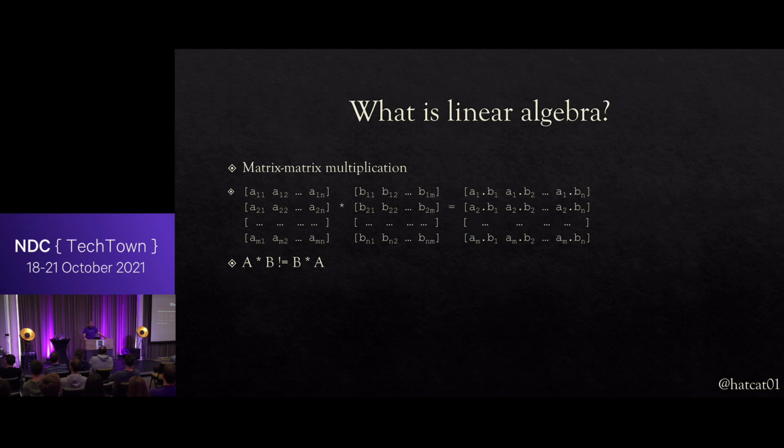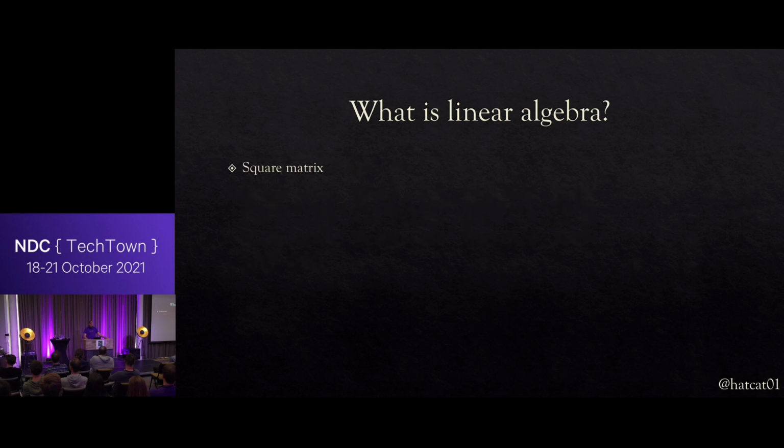And since we're taking rows from one operand and columns from the other, matrix multiplication is not commutative, or not necessarily commutative. There's a special kind of matrix called a square matrix. This has the same number of rows and columns. There's a special kind of square matrix called the identity matrix.